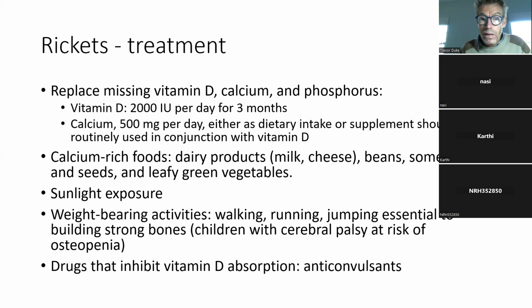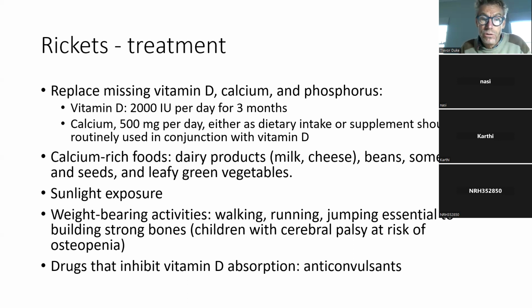These children also need weight-bearing activities, because just like children with JCA, if you bear weight on the joints, that helps bone growth. It helps healthy bone growth, and it helps laying down of new bone. So any weight-bearing activities, just normal play and walking, running, that is essential for building strong bones.